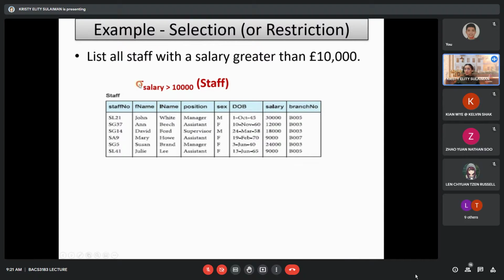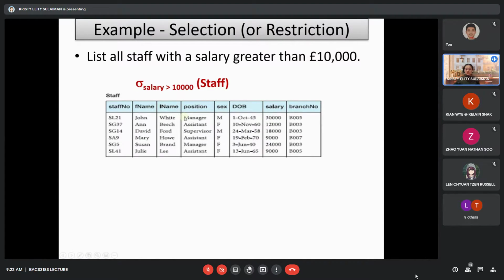So sigma, the predicate: you want to find staff that have a salary more than 10,000. Now we have the staff table here, so you can see all the staff and their salaries. This operation will refer to the salary column and check the condition specified here.